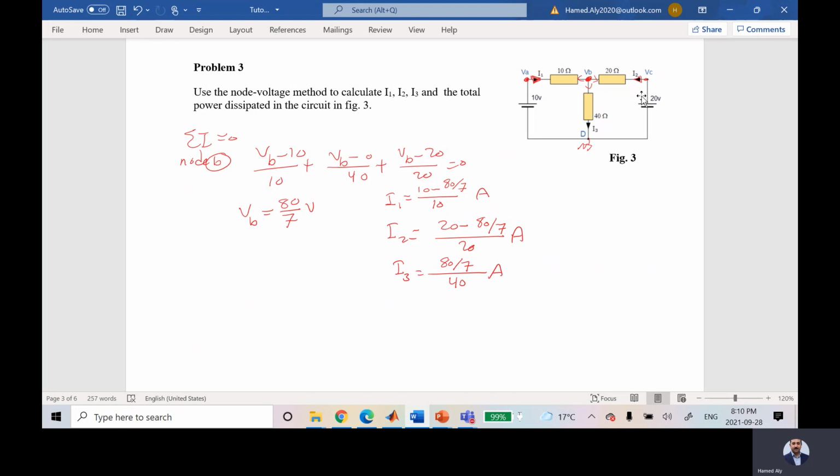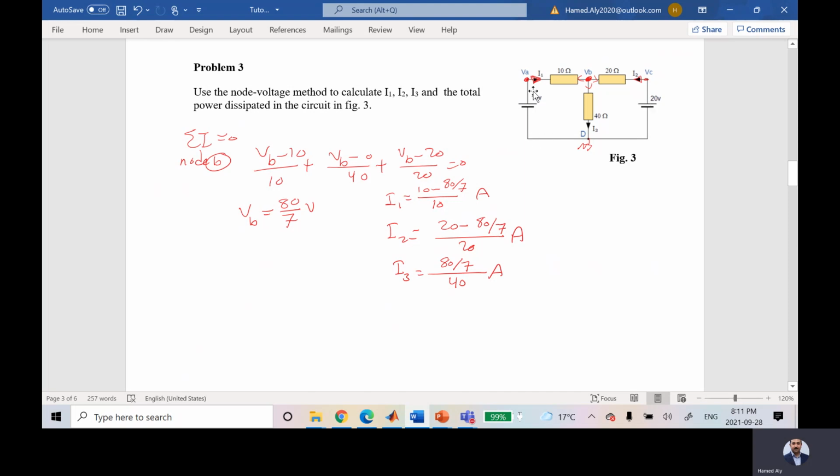You are not understanding. How come I have two sources passive? From where is the generated power? At least one of them should be active. Am I right? Okay, how am I going to know whether this is active or passive? If the direction of the current is from negative to positive, from low to high, this is active, right? So here, this is negative and the top one is positive. And this is negative and the top one is positive.